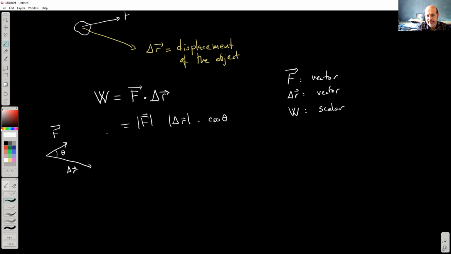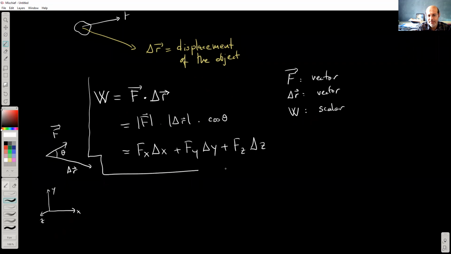That's one of the properties of the dot product. Or if I have an X, Y, Z axis and I have the components of these vectors, I can also write this dot product as the products of the components added up for these two vectors. Just keep this in mind.